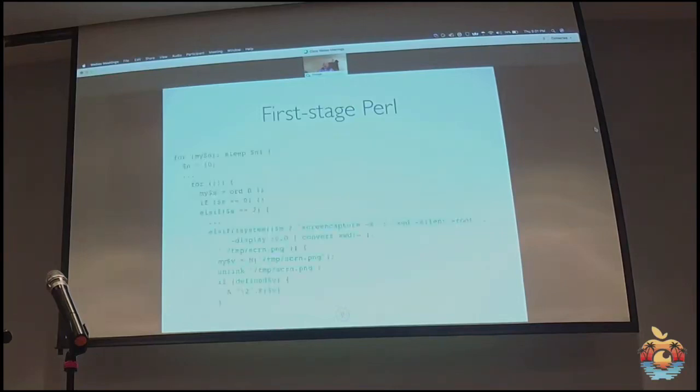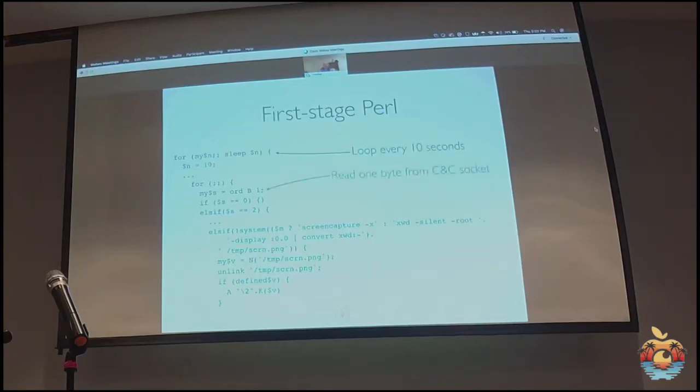So if we look at the Perl script, it's fairly simple overall, and we're just going to look at a short snippet of it. This Perl script basically loops through a loop every 10 seconds, and it sleeps and then just waits for 10 seconds.